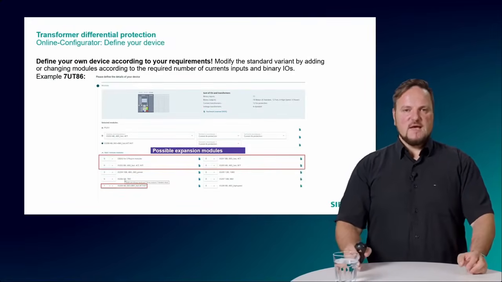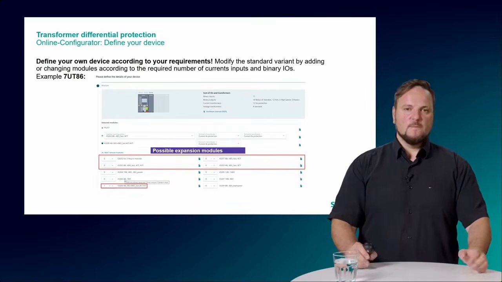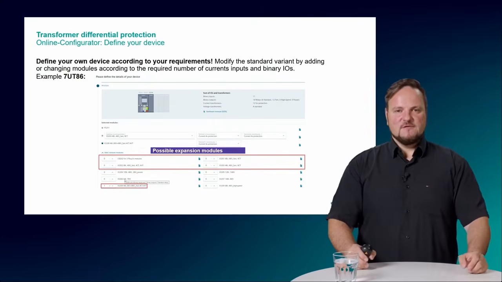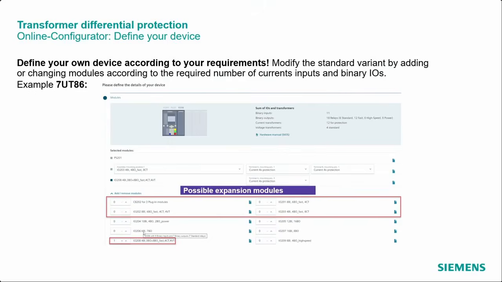On the next slide, you will see our online configurator. I know you already know this online configurator tool. You select the 7UT and then select the right device here. And in that regard, we have the 7UT6 here as an example. You can change the modules. You can add some current terminals with sensitive or non-sensitive inputs.